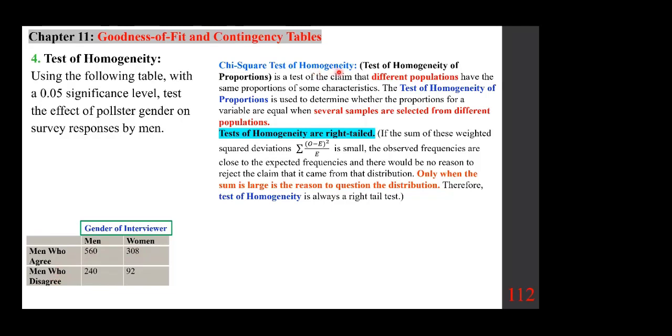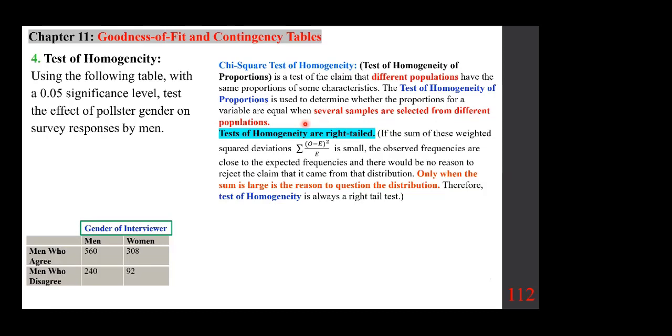Recall, the test of homogeneity of proportions is a test of the claim that different populations have the same proportions of some characteristics. It is used to determine whether the proportions for a variable are equal when several samples are selected from different populations.